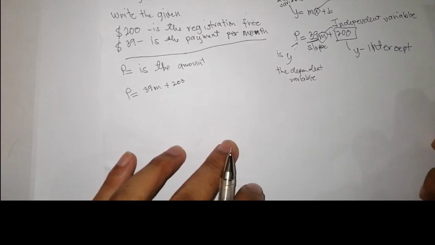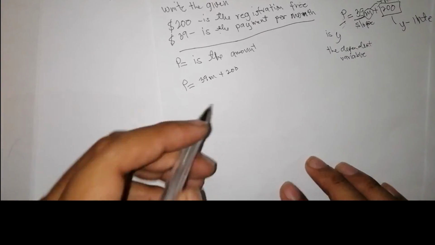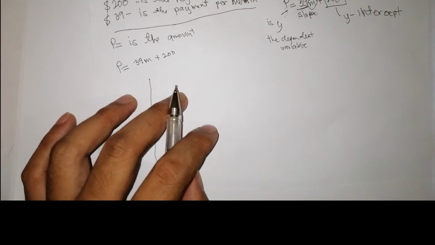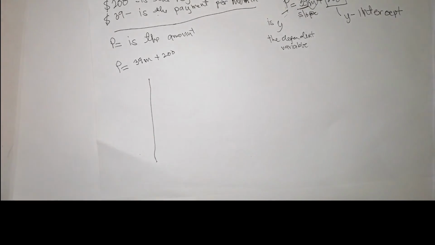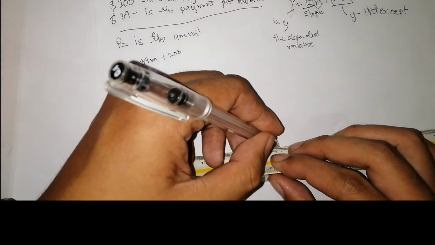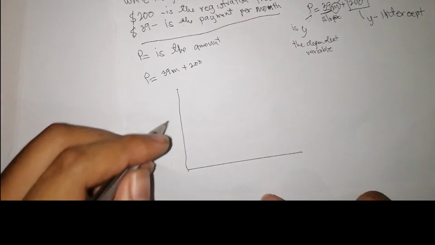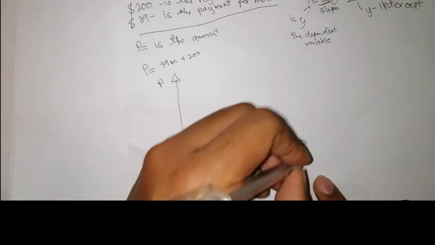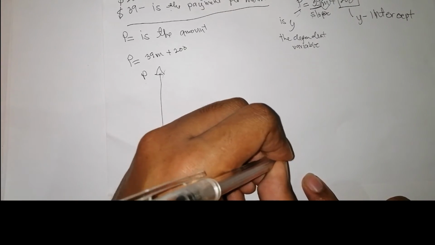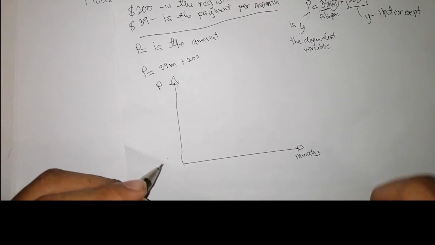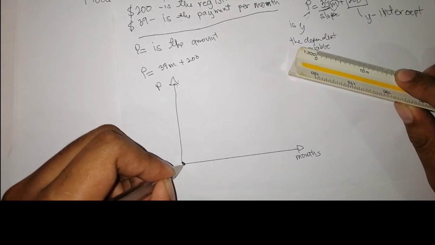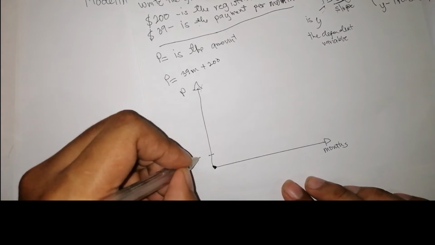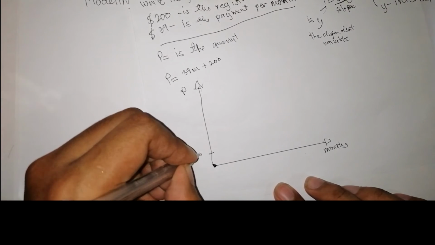So we have to graph this. Here is the P-axis, then here is the number of months. $200 is the registration fee here.